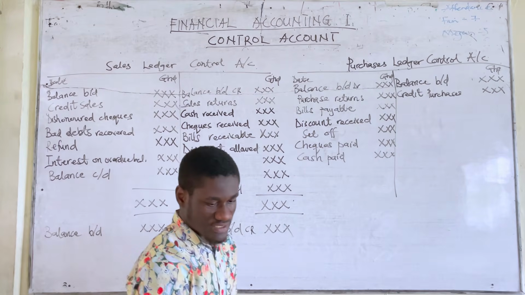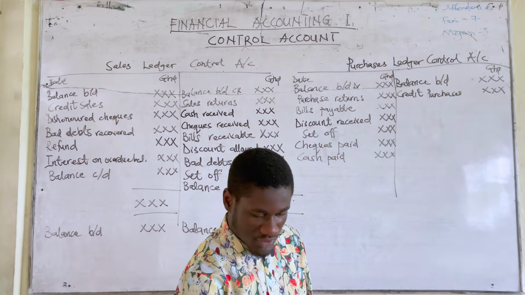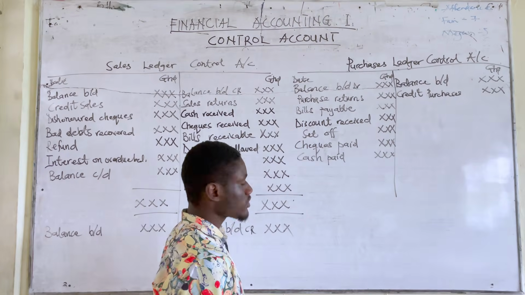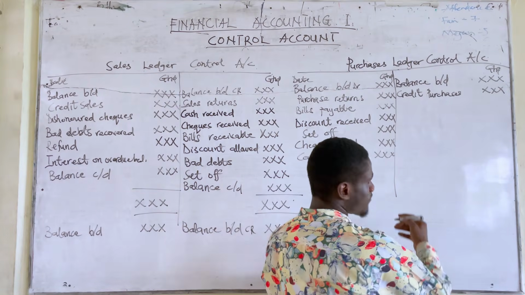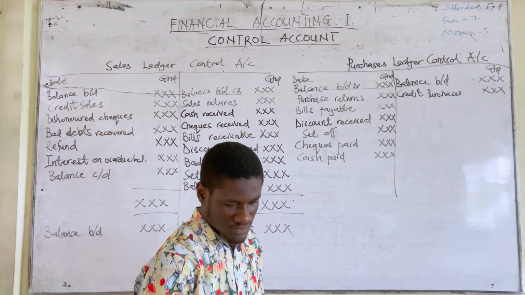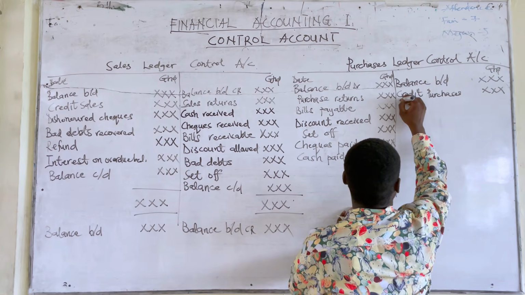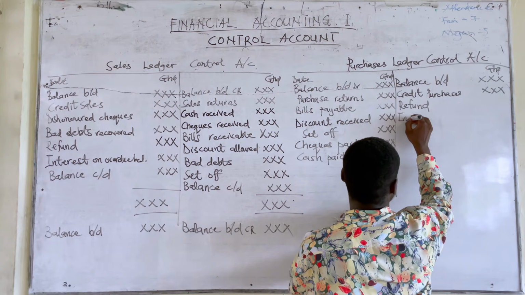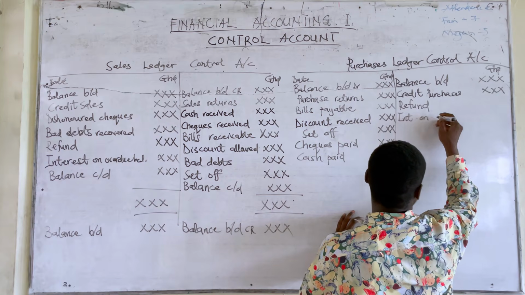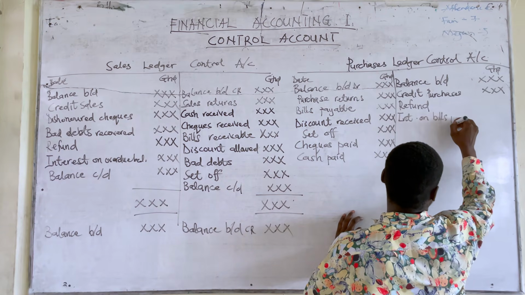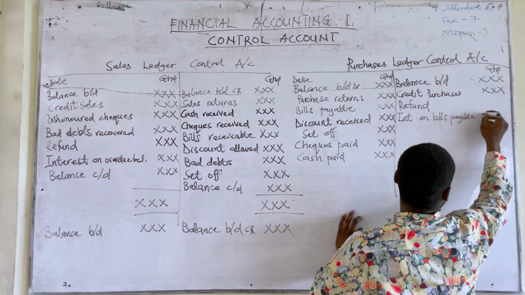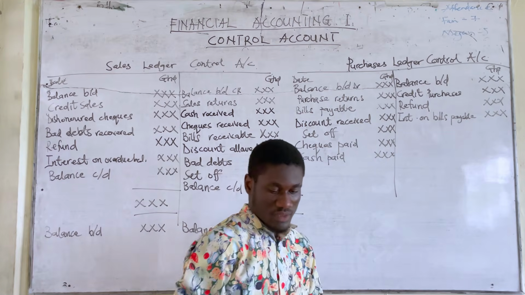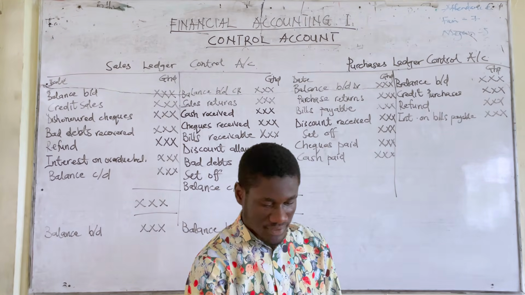Let's see if there's any item that we are supposed to record under the purchases ledger. Okay, so interest on bills payable and refund. Let's see if there's any other item to be recorded.